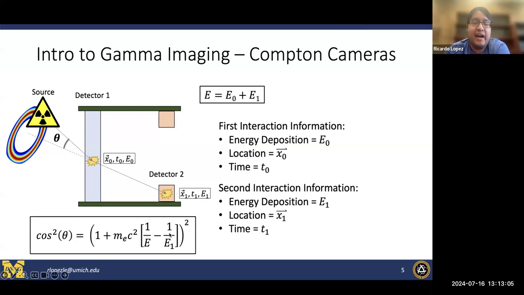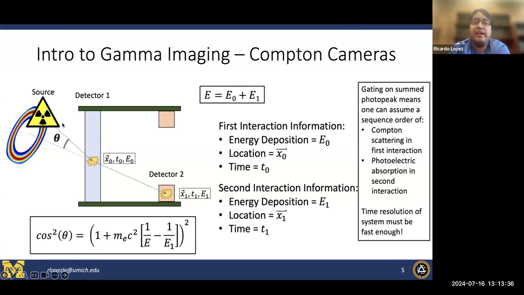This time, since gamma rays work a bit differently, the equation is slightly different, but we again still collect all the necessary metrics during the measurement. Thus, we can still calculate the opening angle for the cone, assuming, based on the math, that the gamma ray originated from somewhere along this cone in space.